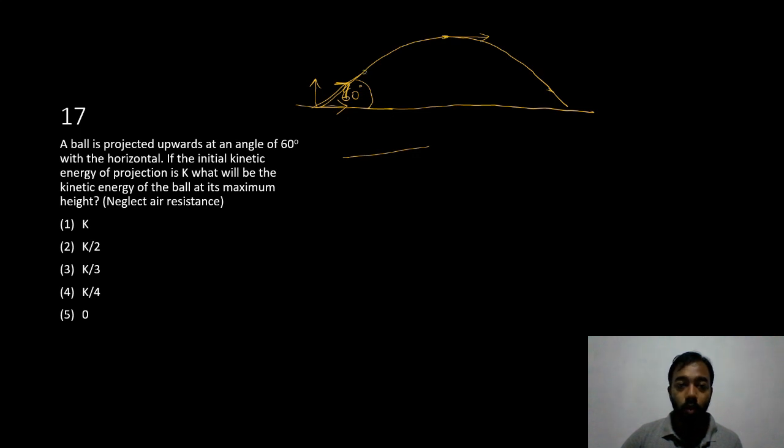The horizontal component is constant throughout the motion because there is no acceleration along the horizontal direction, but there is the acceleration due to gravity in the downward direction. So the vertical component initially reduces, at the highest point it becomes 0, and it will again gradually increase when coming down.